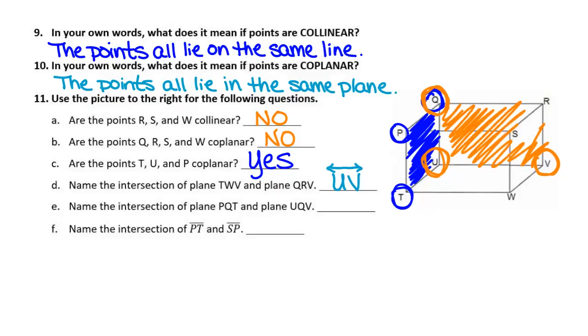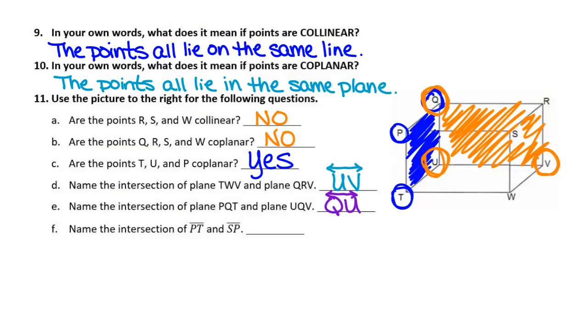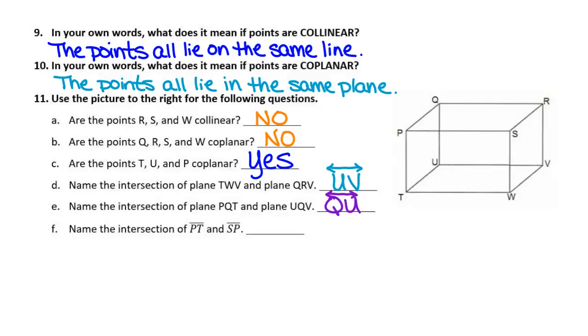Where do those two meet? QU, yes. And what do I still need? Yep, I need the line with the arrows over the top of it. Super important. And we're actually going to start to talk about some differences in notation a little bit later today. So whether it has the dash with arrows or not is really important.